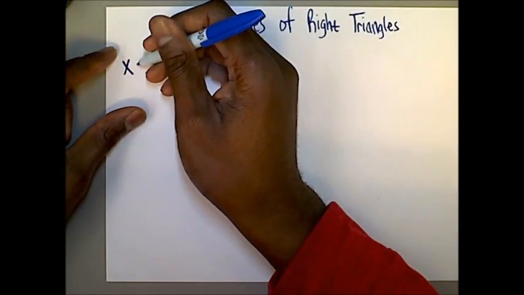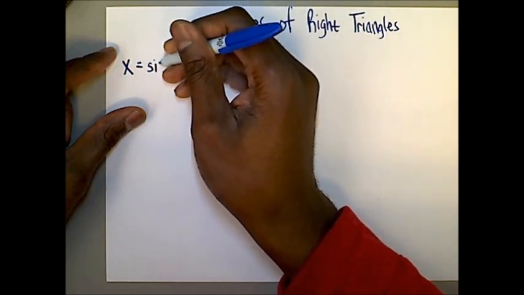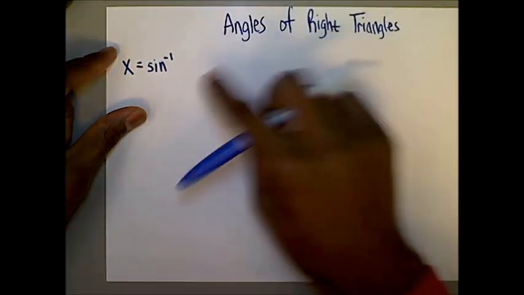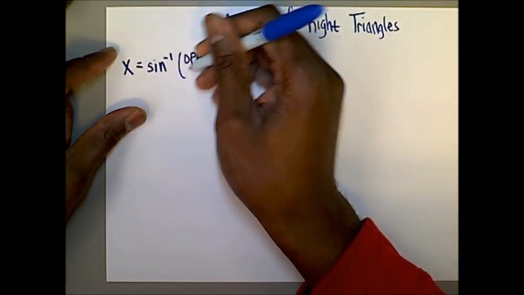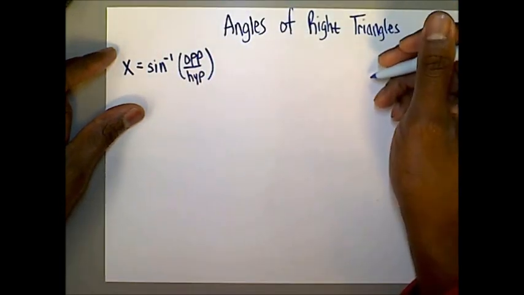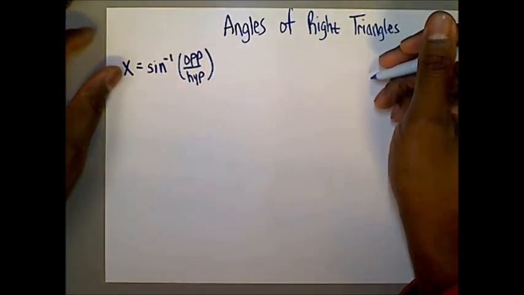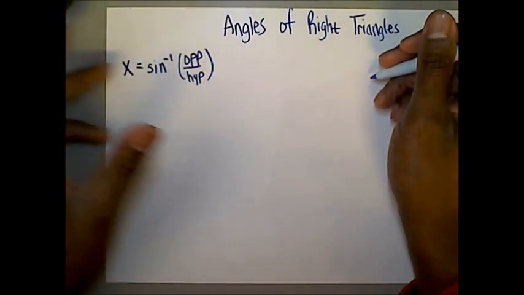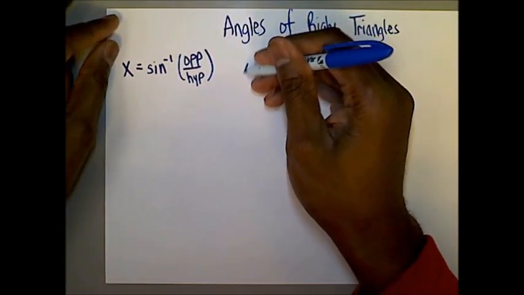So, in order to find angle x, I'll just go ahead and do it for sine. X is equal to the sine inverse, that's what that -1 means, of opposite over hypotenuse, okay? So, just like regular sine is opposite over hypotenuse, the sine inverse is opposite over hypotenuse, and that's how you would find the angle. Okay? So then, same thing for cosine.